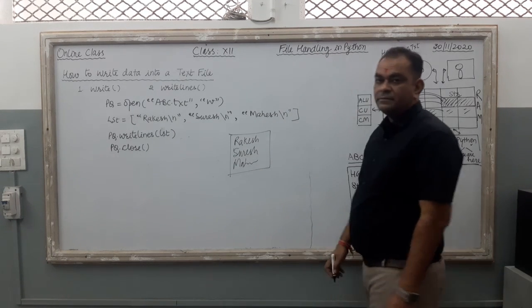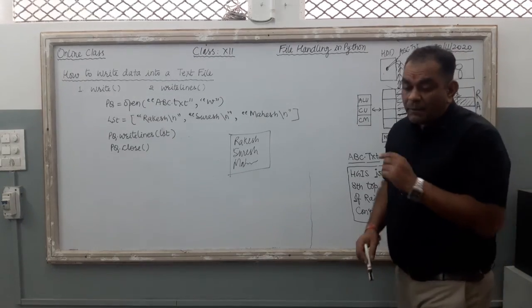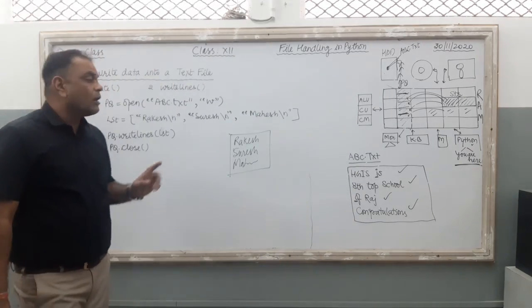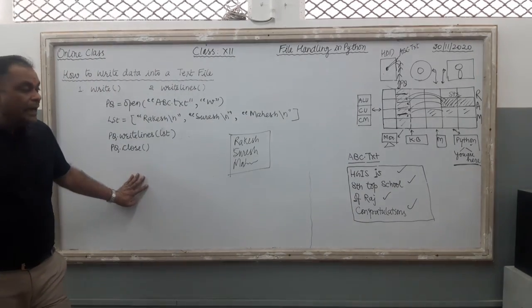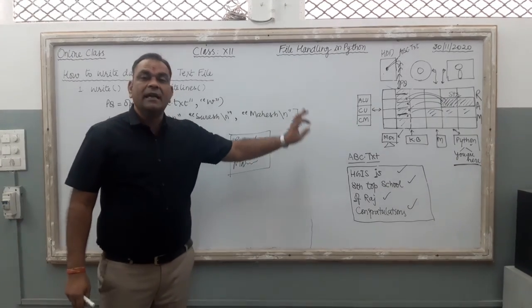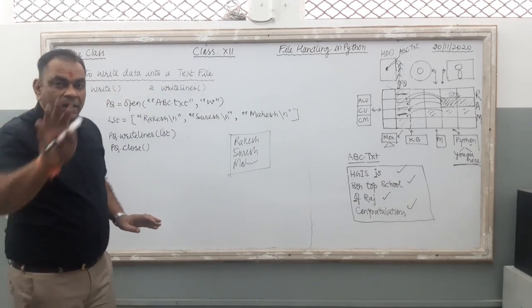Just check the file. Done? So these are the two library functions, write and writelines, by which we can store our program data into the text file that is created inside your Python root folder. Right? Thank you. Thank you very much.